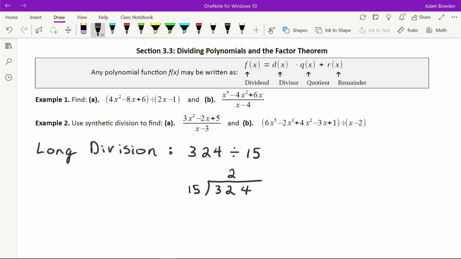That would be 2 times 15 to get 30. We subtract the 30 from the 32 to have 2, and then we bring down the 4. And then we do the same thing again. 15 goes into 24 one time, and we subtract that from 24 to have 9.